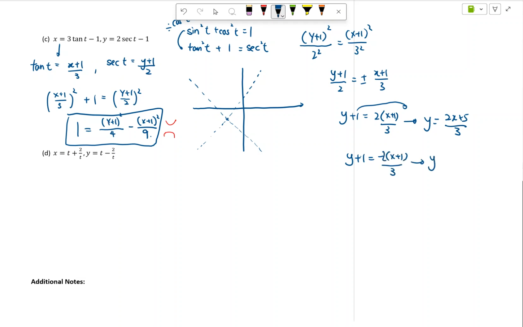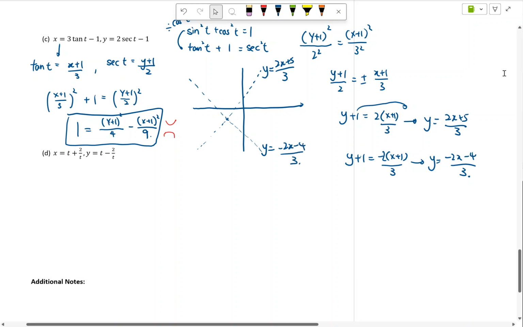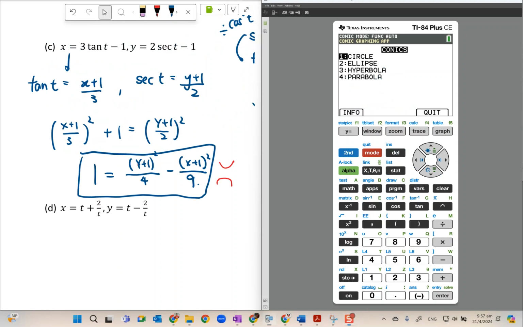I will get y equals to negative 2x minus 4 over 3, and these are my two asymptotes. Okay, the upward one is y equals 2x plus 5 over 3, the downward one is y equals to negative 2x minus 4 over 3.